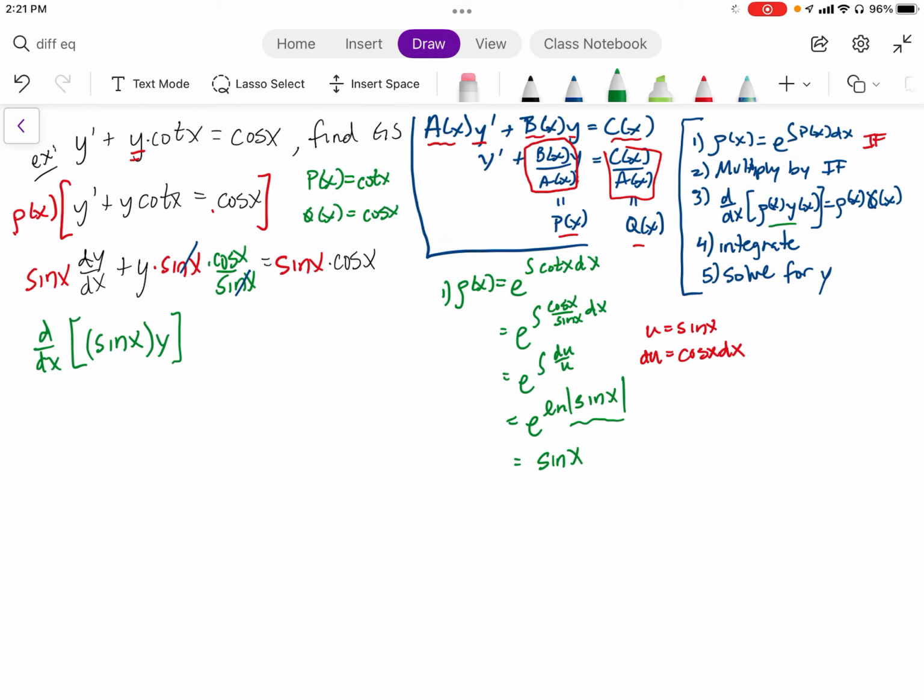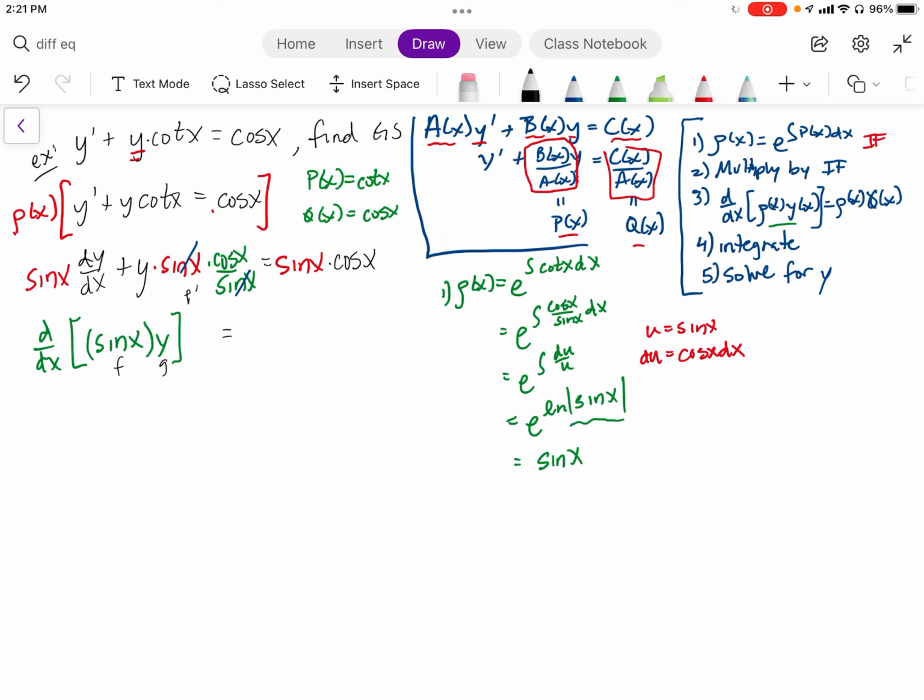So let's check that. Does this whole left-hand side really become that? I mean, it's kind of crazy. So we have product rule, right? F times G. And we have implicit differentiation. So F prime G, so derivative of F is cosine times y. Well, that's exactly this, right?